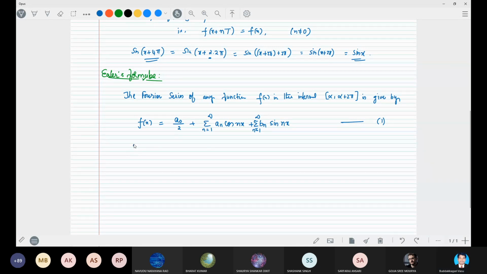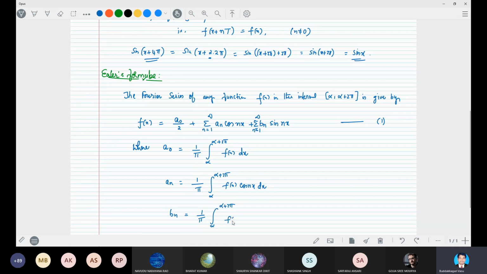Therefore, where a naught equals 1 by pi into the integral from alpha to alpha plus 2 pi of f(x) dx. a_n equals 1 by pi into the integral from alpha to alpha plus 2 pi of f(x) cos nx dx. And b_n equals 1 by pi integral from alpha to alpha plus 2 pi of f(x) sin nx dx.